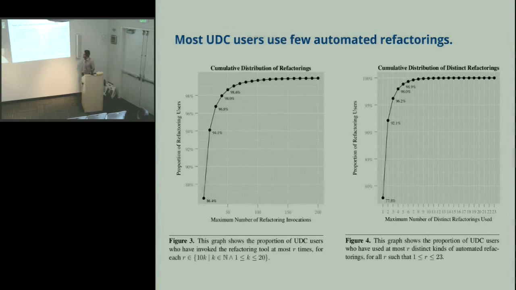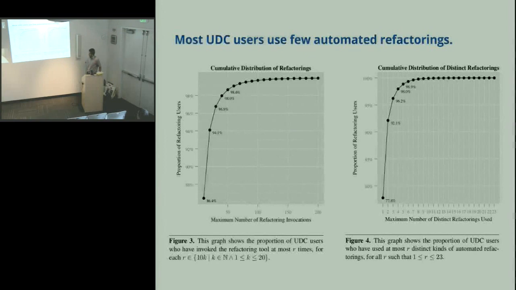For example, you can see that 98.6% of the users invoked at most 50 refactorings. And on the right-hand side, you can see that 98.9% of these users used at most 5 different kinds of refactoring. So this shows you how limited the refactoring tool is in the wild.